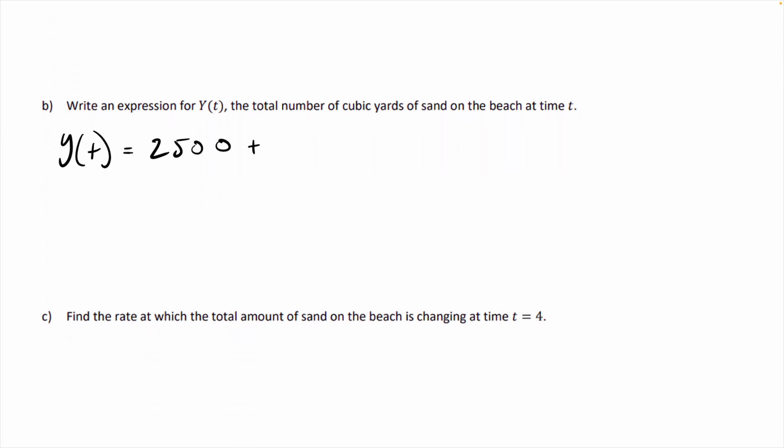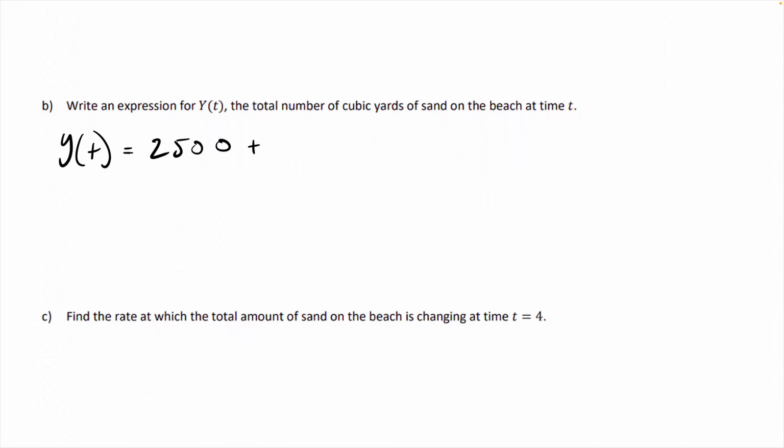So I already took care of the sand that's already there. So what are the two variables that I need to take care of now? R of t and S of t. Leaving, coming on. So if I want to find at any one moment how much sand is there, what do I got to do with R of t and S of t? Subtract them, right?